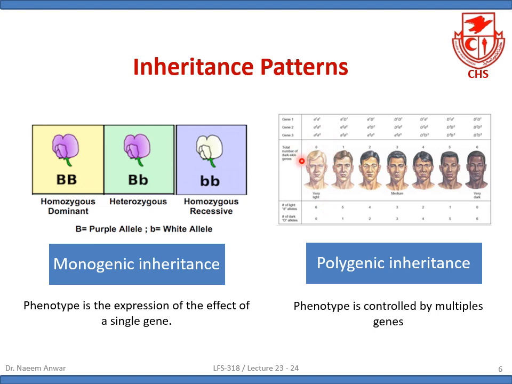And over here, another combination of the three alleles will give us another phenotype, and so on. So you can see that in skin color, for example, or the features or the phenotypes of the shape itself, can be recognized by multiple genes. So here it is a result of multiple genes, while here we are only talking about a single gene.